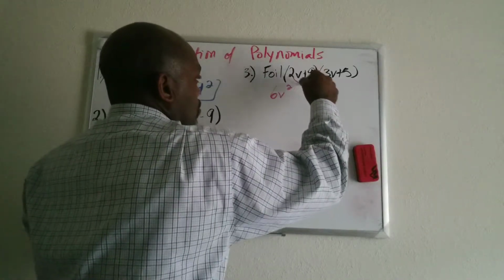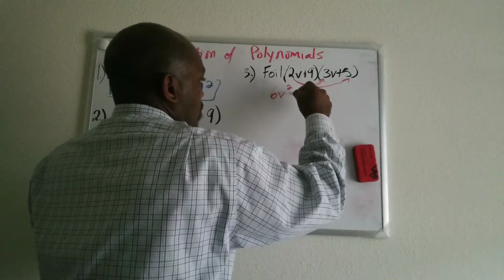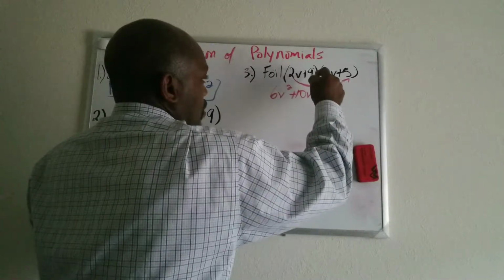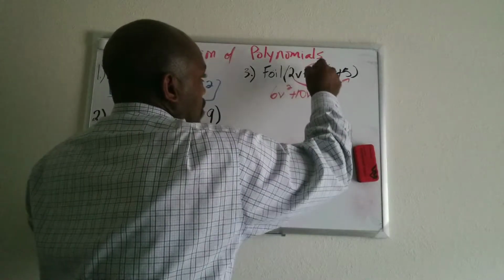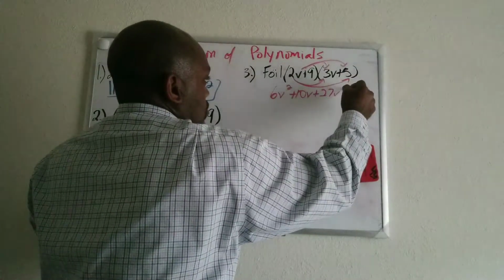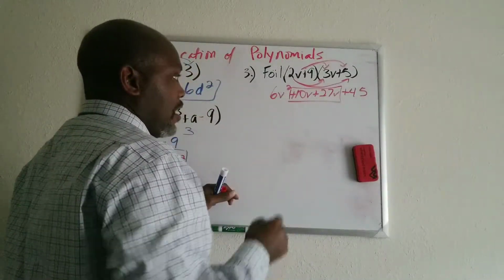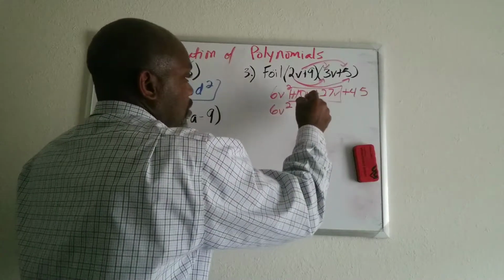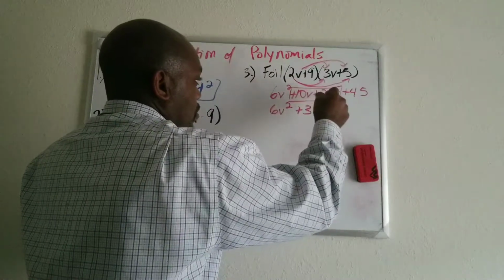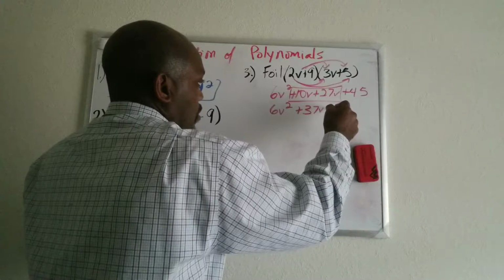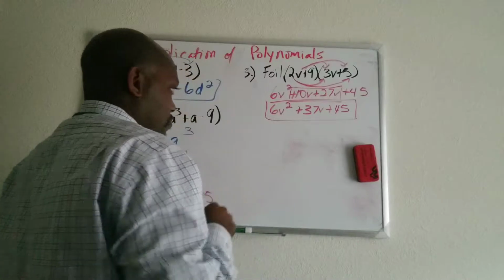And then outer, 2v times 5 is 10v, and then inner, the 2 inner terms, that's 27v, and then the 2 last terms give you 45. Then you combine like terms, so you have 6v squared, 10v plus 27v is 37v, plus 45. And that's your answer.